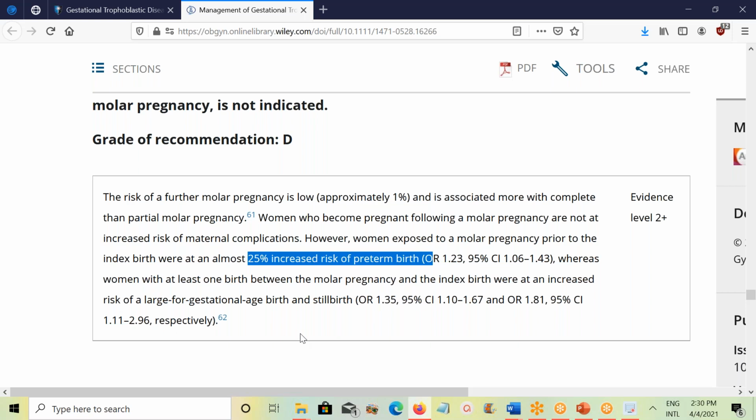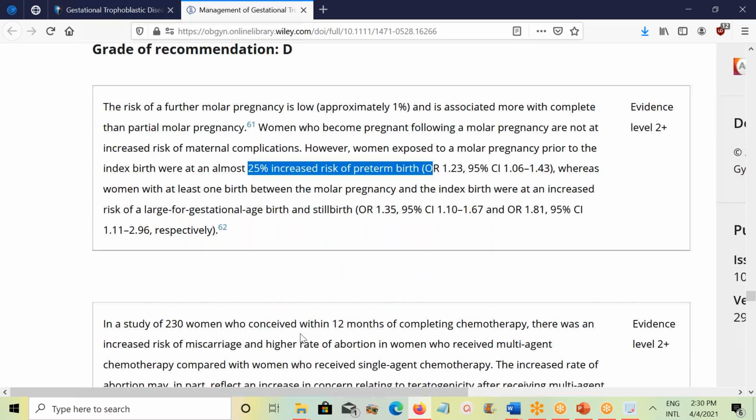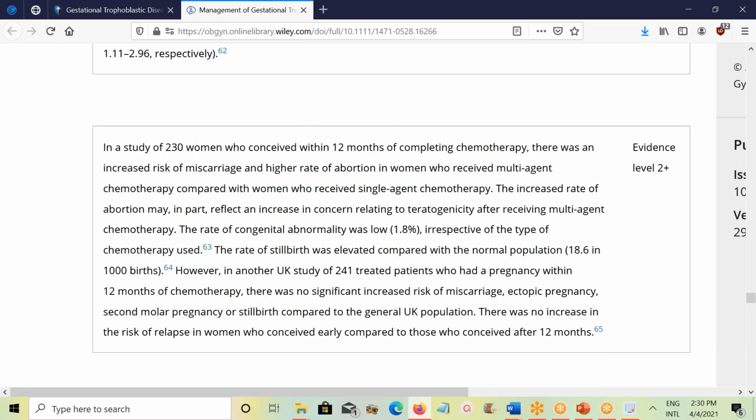There is going to be a risk of large for gestational age and stillbirth. These are the points. A few things in the guideline are very confusing, but just remember at least one birth between the mole and the index pregnancy. So last one was molar, and now this pregnancy, so the chance of having a large for gestational age baby will increase. That is the point.